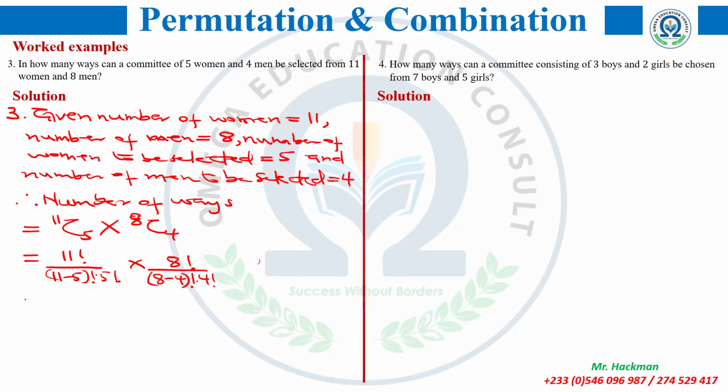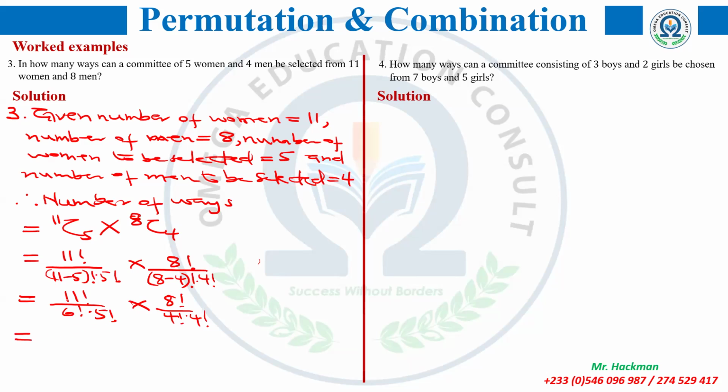Yes. Okay, which in effect will give us 11 factorial over 11 minus 5, which gives 6 factorial, then times 5 factorial. Then times the whole of that, 8 factorial over 8 minus 4, which is 4 factorial, then times 4 factorial. So I know at this point you are in a pole position to deal with what you have there.